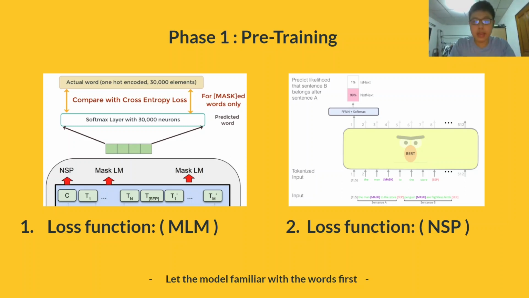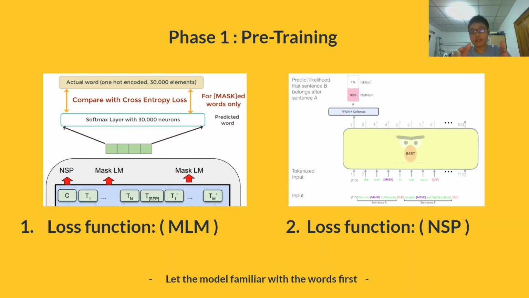The reason we have to do this phase is because, as we know before, the pre-trained model called BERT base doesn't really learn the words that the text message may contain. So we have to make it more specific for text messaging rather than just general.